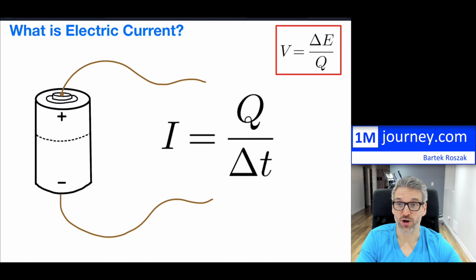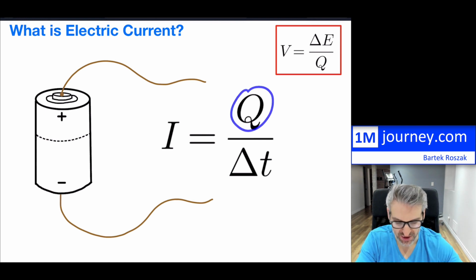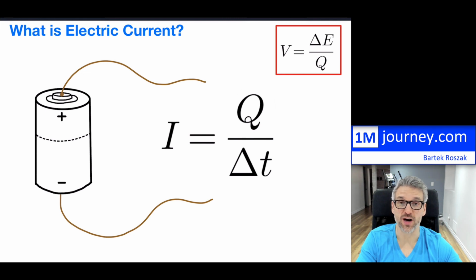Well, current is exactly the same thing, except you're not talking about how much distance you're covering, or if you're talking about water flowing, the amount of volume flowing out, but you're talking about charges. We want to see how much charge we have per a certain amount of time. So how fast are these charges passing us by, and how many charges are passing by, let's say per second.